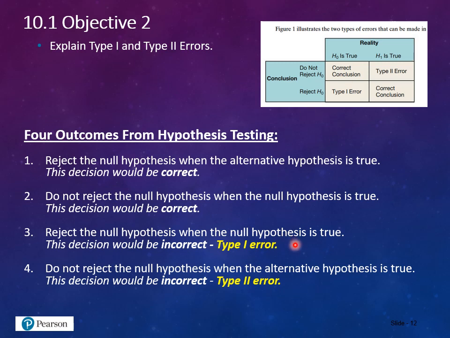Type 1 is all about the null. Reject the null when the null is correct. Type 2 has both of them in it, has both hypotheses, and is a type 2 error. We don't reject the null when the alternative is true. Okay. Notice both of these are subject to a true hypothesis, whether it's the null or the alternative.